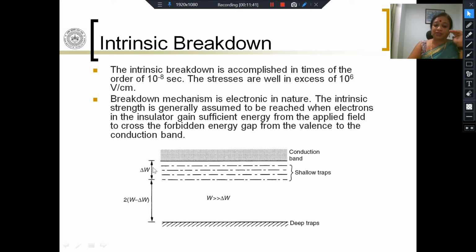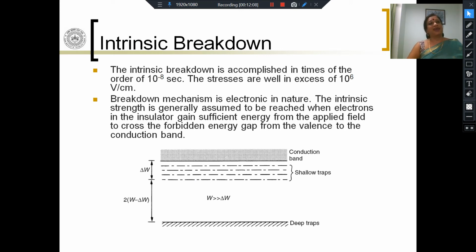So what happens is, even if you cannot provide a very large quantity of energy, which is needed for taking electrons from the valence band to the conduction band, if you provide an energy del W, which is enough to extract electrons from these shallow traps and bring them out into the conduction band, then you can make do with a smaller quantity of energy.